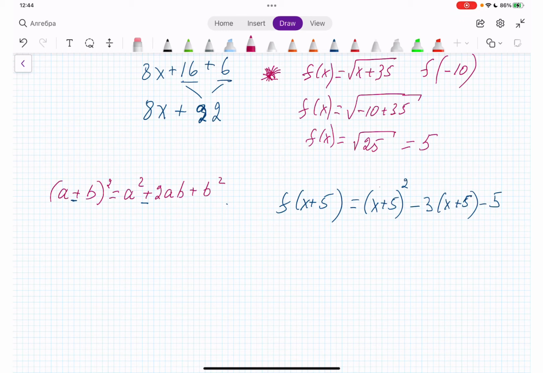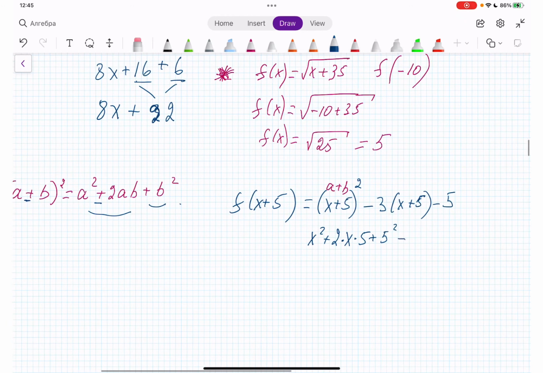My a, x is going to be my a, right? And 5 is going to be my b, correct? So as a result, we have a squared, which is going to be x squared. Next, here I have plus 2ab, 2 times my a, which is x, and b, which is 5. And then plus b squared, which is going to be plus 5 squared because my b is 5, right?